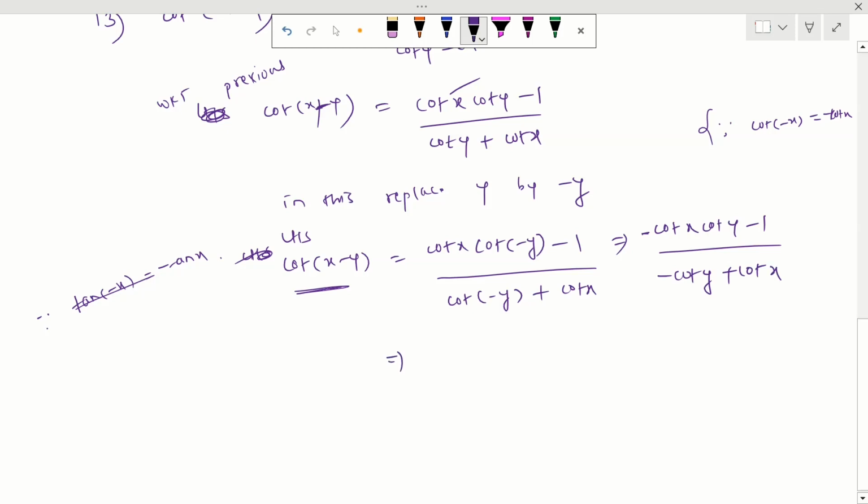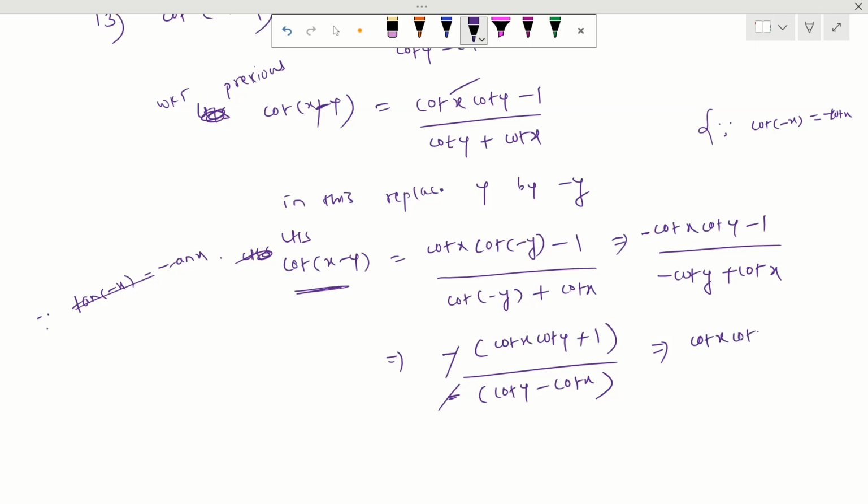Now we can take the minus term outside. If we take the minus common, then it is cot x cot y plus 1, and taking the minus in the denominator also, it becomes cot y minus cot x. Understood? The minus minus will get cancelled, and finally we have cot x cot y plus 1 divided by cot y minus cot x.